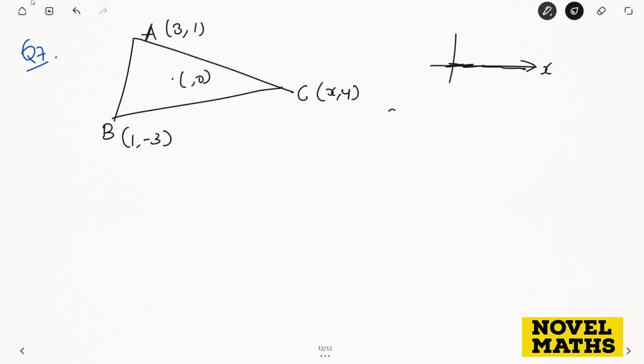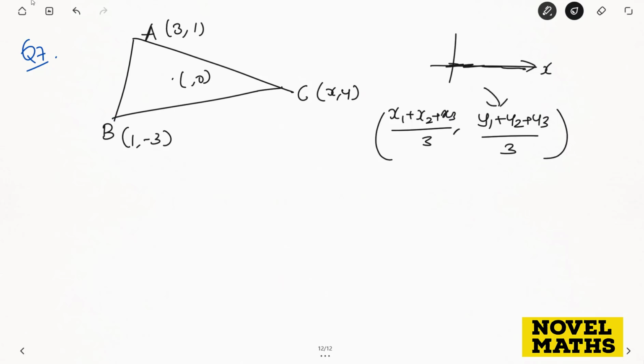Also the centroid is x1 plus x2 plus x3 over 3 and y1 plus y2 plus y3 over 3, right? It lies on x-axis, so the y of the centroid is given and 2 coordinates are given, so we can figure out the y coordinate of the third one, right?